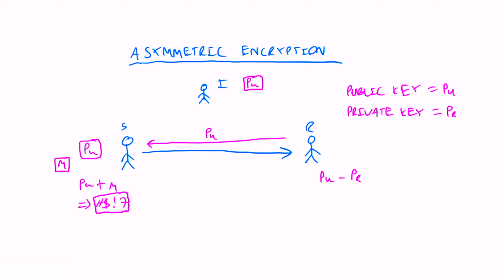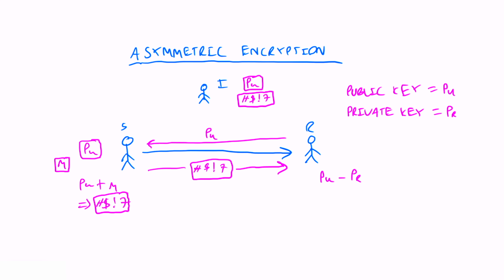So we're encrypting the message with the public key to get an encrypted message. And now S can send this across to R, which I can intercept. So let's say I now has the public key and the encrypted message.